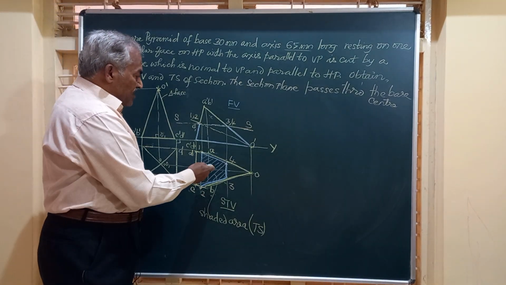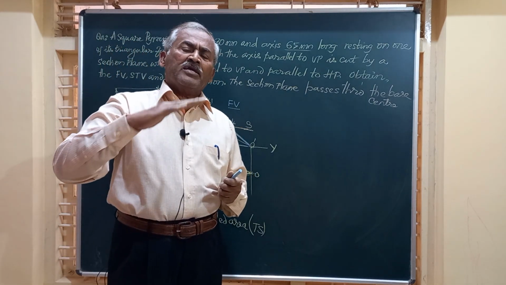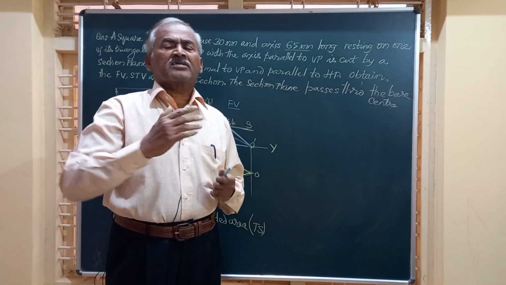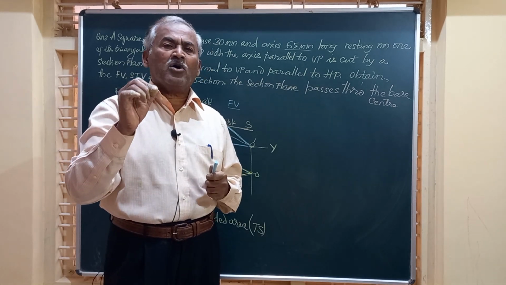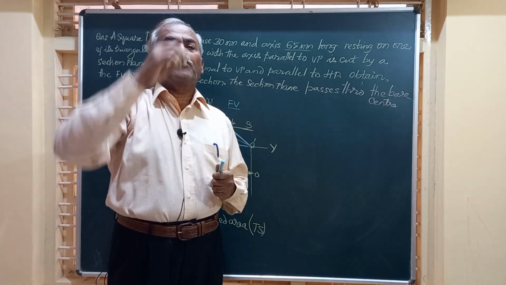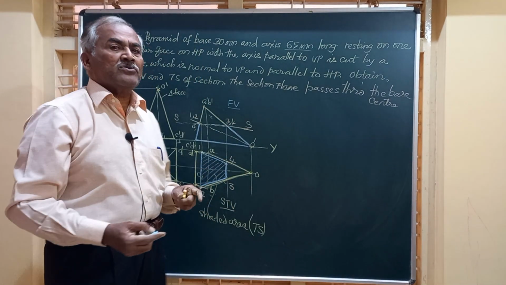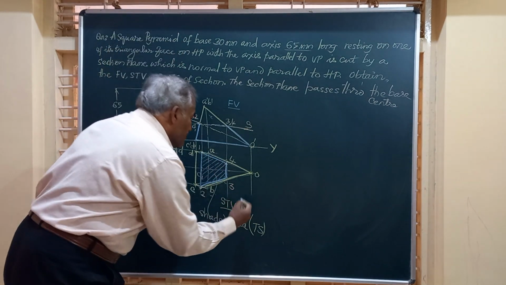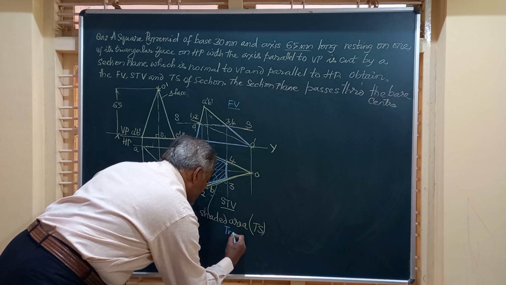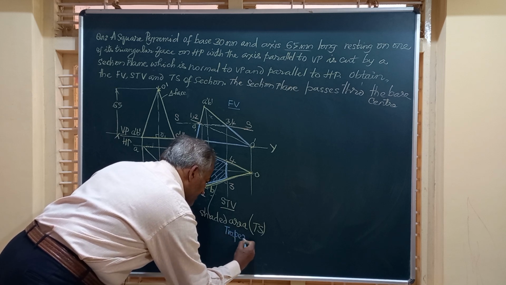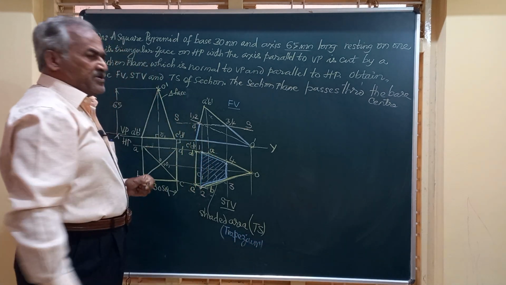Friends, since the section plane is horizontal, whenever any object is cut by a horizontal section plane, the hatched area or the sectioned part of the solid in the top view represents the true shape of the section. And if they ask you to name the true shape, this true shape is a trapezium. They will ask you in the examination, name the true shape of the section. So this is a trapezium.